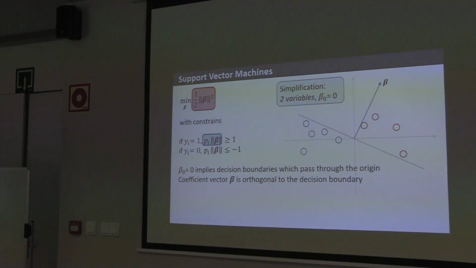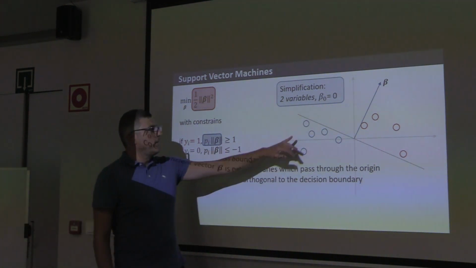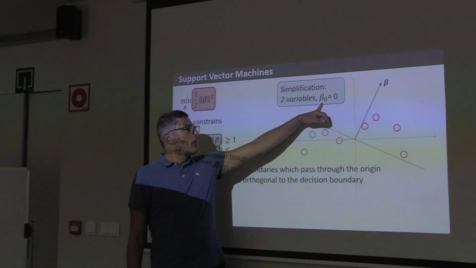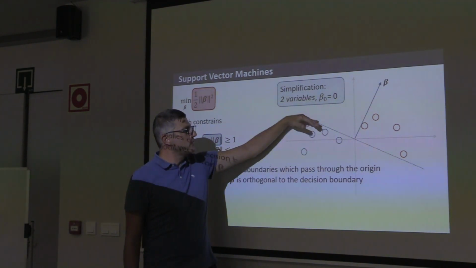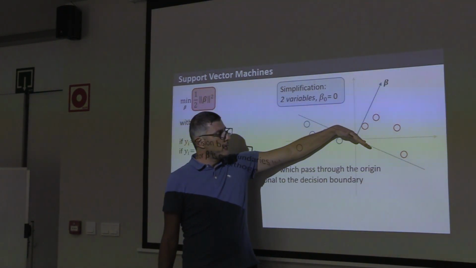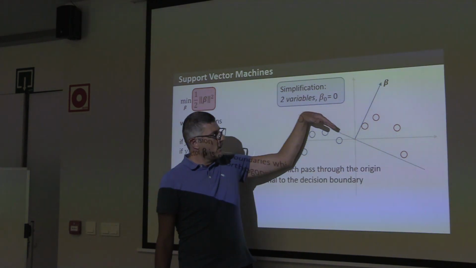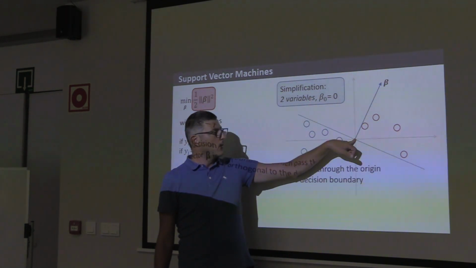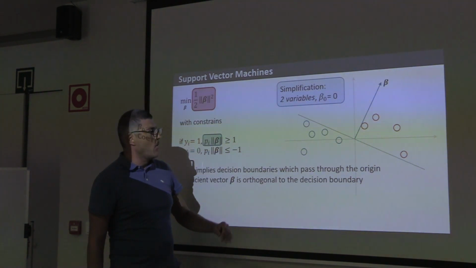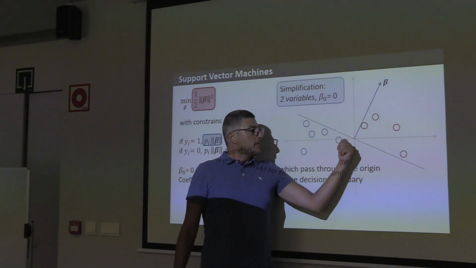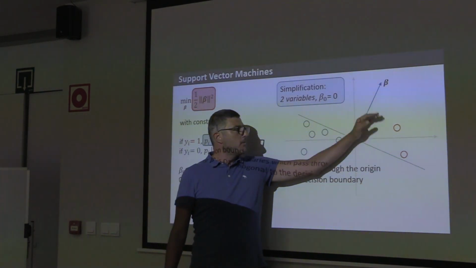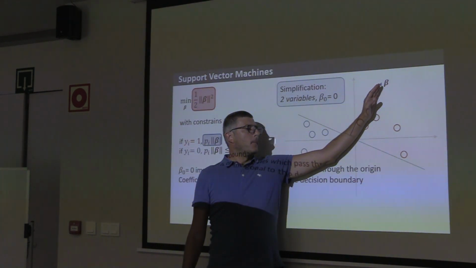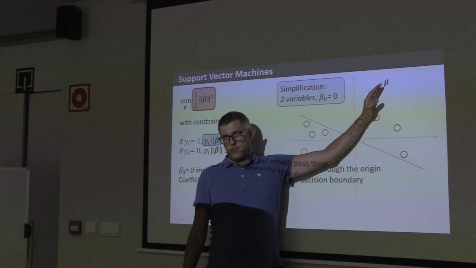Do you remember we imposed that we have no intercept? This means in the support vector approach that the classification boundary crosses the origin of your space. Now, in this case, if this is the decision boundary, then the coefficient vector is orthogonal to this boundary.